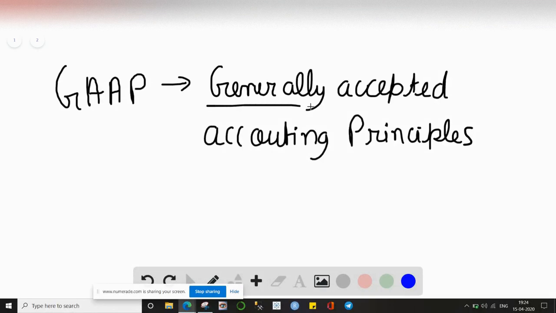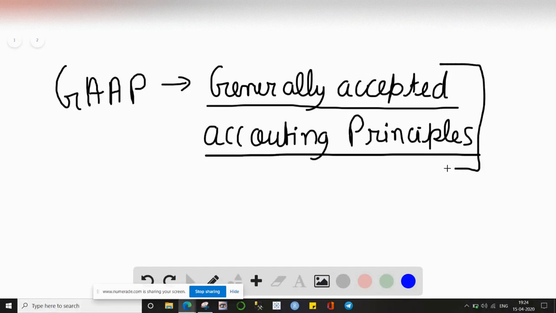These are the principles which every entity operating in the business environment needs to adhere to when preparing financial statements. Now, what do such standards or procedures comprise? Let's understand that, which is very, very important.